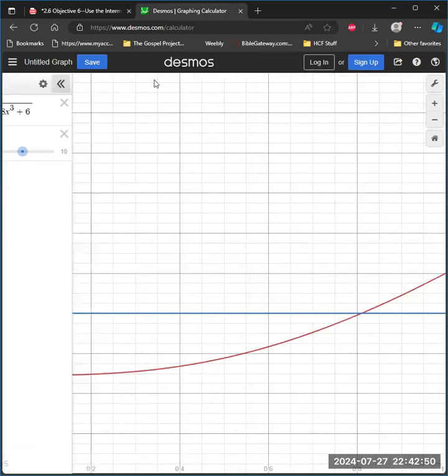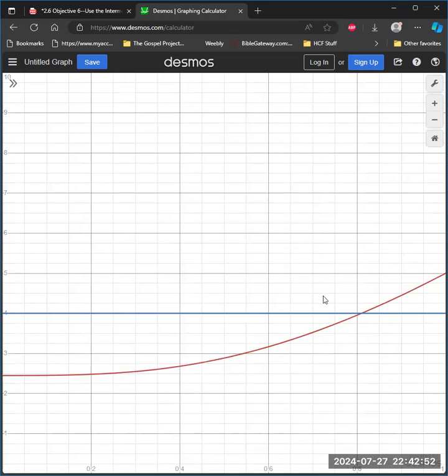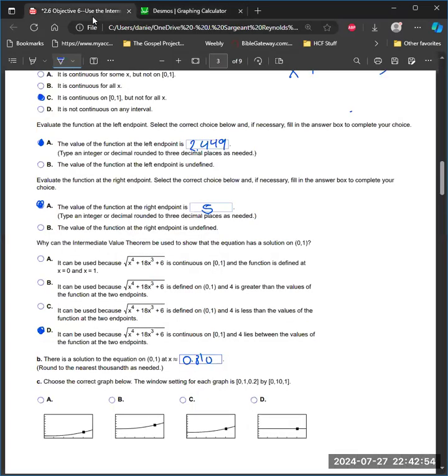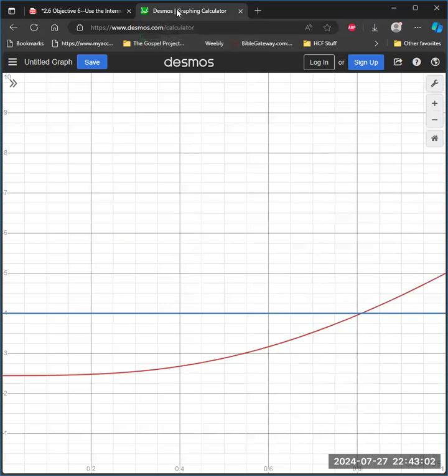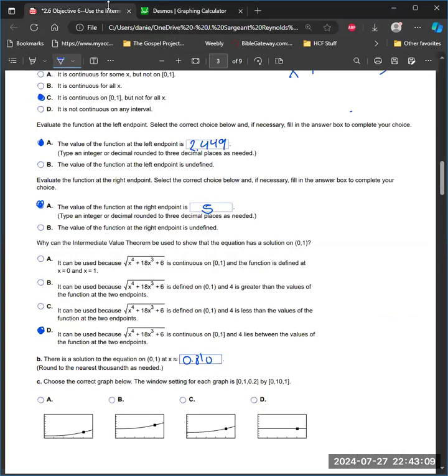Okay, and then it's going to look like that. The point that we're interested in is over here. That looks like C to me.